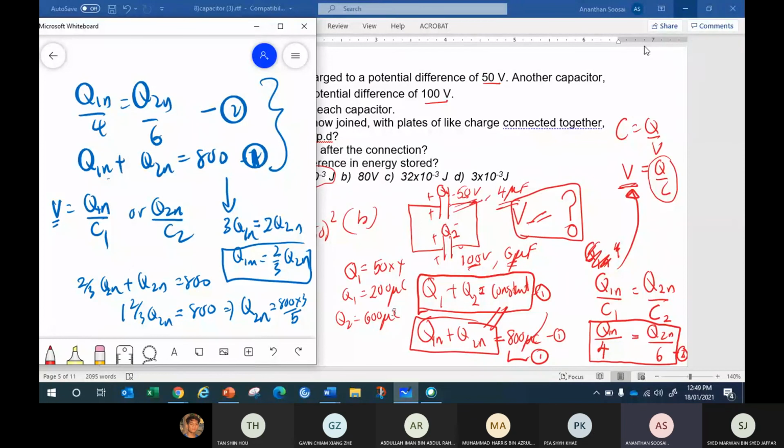You find the total charge first. When the charge is newly arranged, Q1n plus Q2n must be the total charge, one equation. Q1n over C1 should equal Q2n over C2 because of common voltage. Use those two formulas simultaneously, get Q1n, substitute into Q1n or Q2n, anyone you can, and find the common voltage.